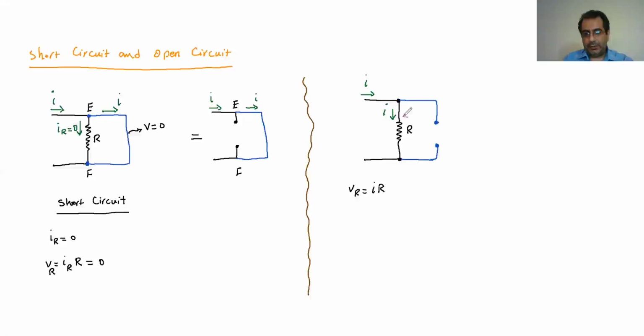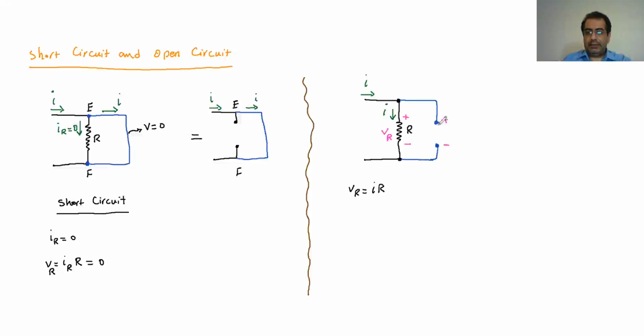So it's going to be positive here, negative here, and this is going to be VR. If we have this condition and look at here, this end is connected to the positive sign directly. So if this is positive, this one is going to be also positive, because this is directly connected to that positive. Here the negative is directly connected to the negative polarity, so this one is going to be negative.